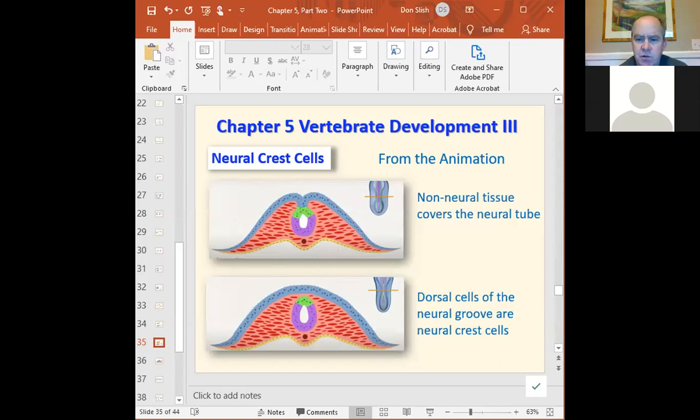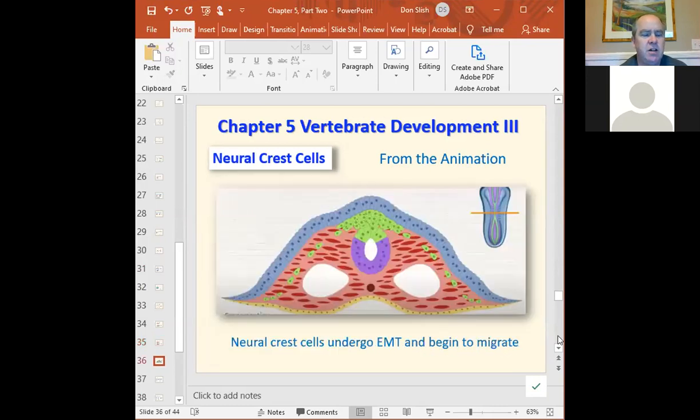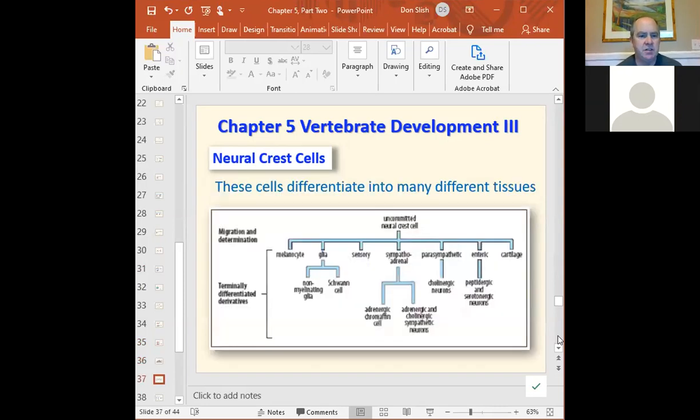Let me see if I can pull that up. Slug. Right, thank you, Nick. Slug. So then because you've got those transcription factors upregulating, you get that EMT again, and then they sneak off and become a lot of things. And it's amazing how many things they become.